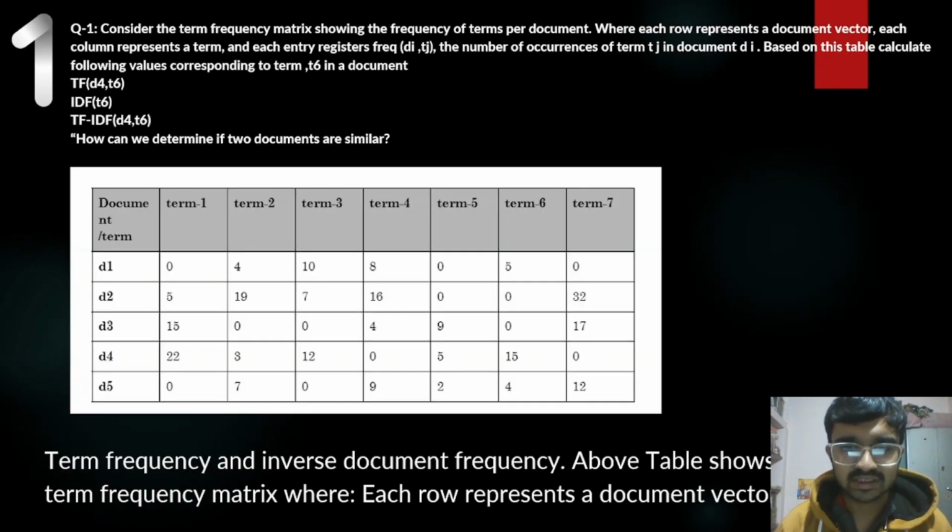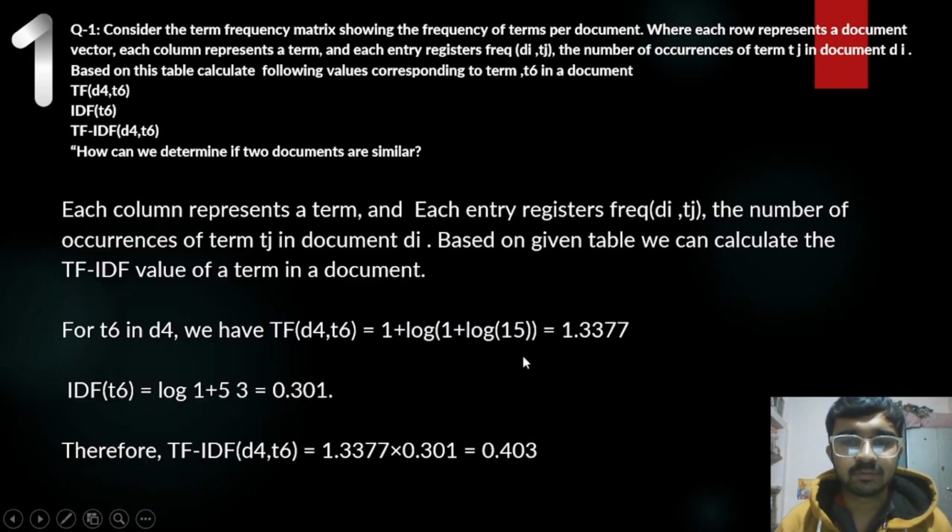As we can see here, the frequency is 15 for D4 and term 6. So we put the value 15 in this formula and we get the value of the TF.